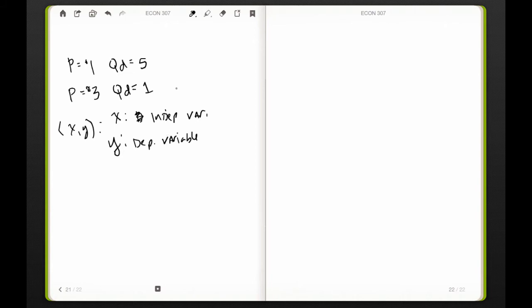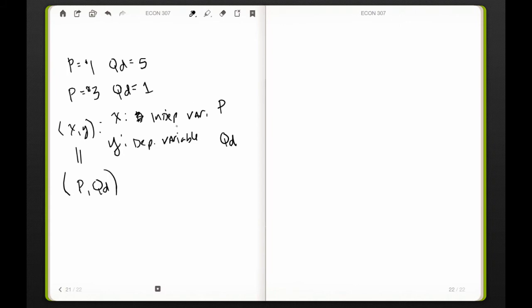Well, it seems like how much Johnny is willing to buy depends on the price. So the dependent variable is going to be this QD or C, whatever you had, and price is here. So the way that we're going to write this XY combination is going to be the price and quantity demanded.